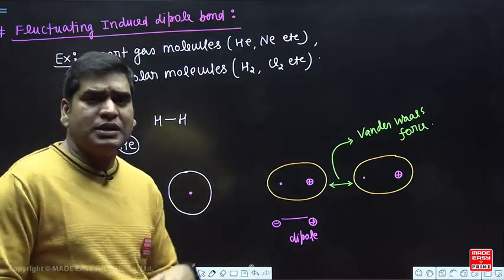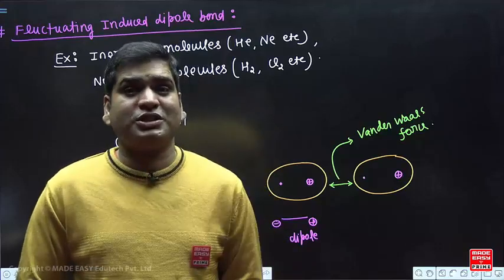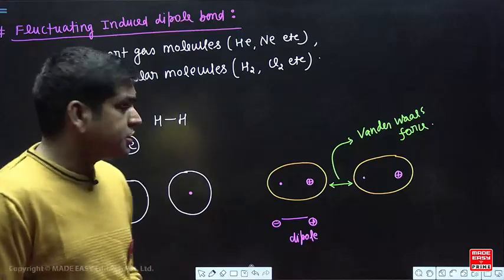If their solidification happens like this, then that kind of crystal is known as van der Waals crystal, because this crystal is formed due to the van der Waals bonding, right?